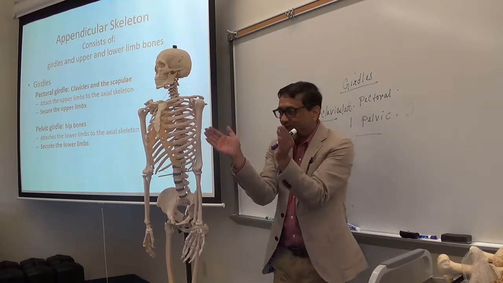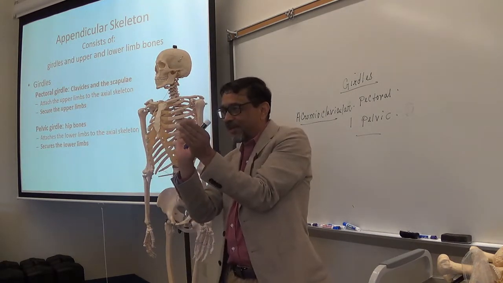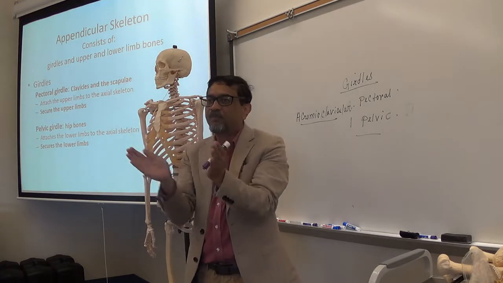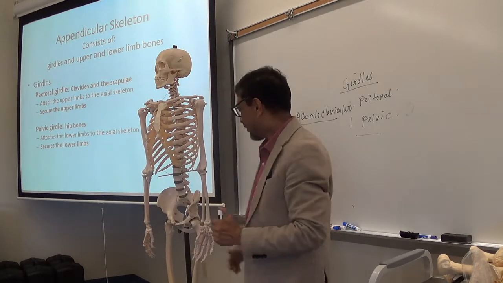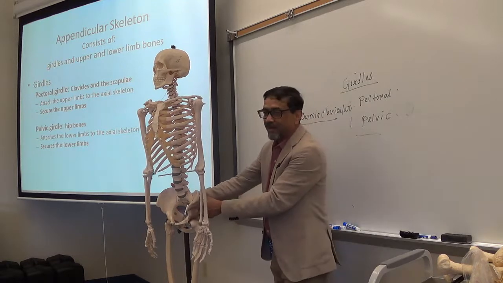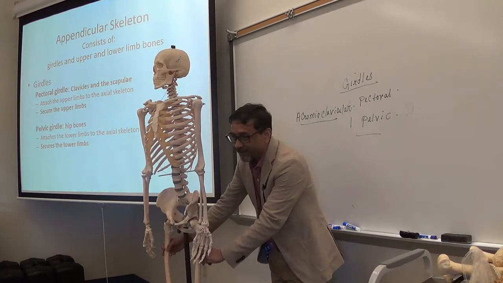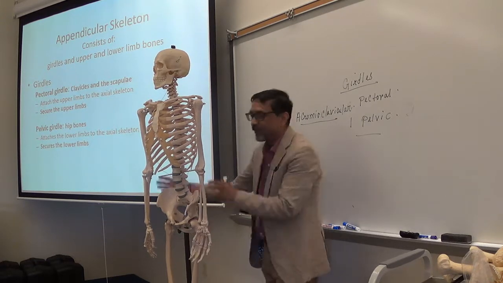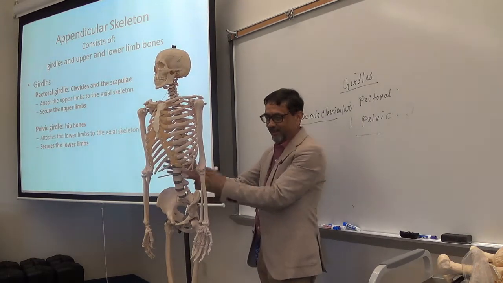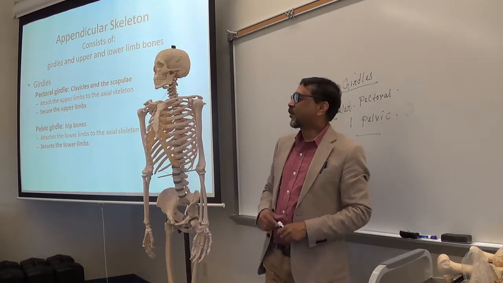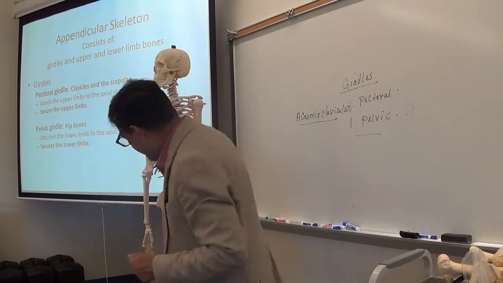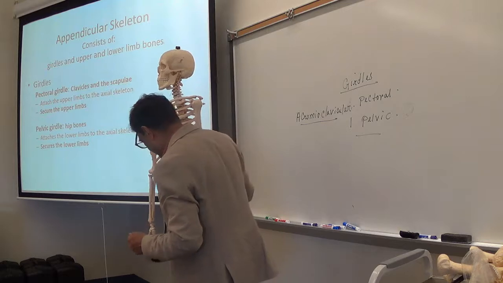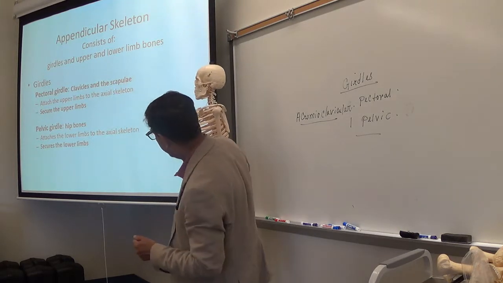In both sides you have the hip bones and in the back you have the sacrum. Same function: the pelvic girdle is securing the lower limb bones and attaching them to the trunk. So those are the girdles and the bones of the girdles.